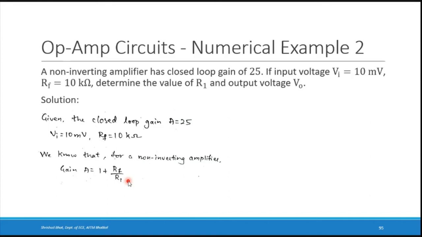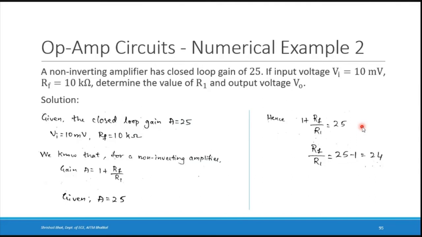We have been given that this gain A is equal to 25, so 1 plus RF by R1 is equal to 25. So what is RF by R1? RF by R1 is 25 minus 1, that is 24. So RF by R1 is equal to 24.